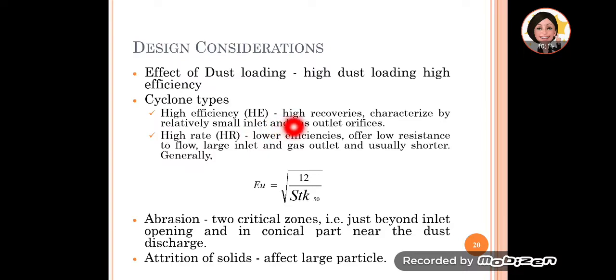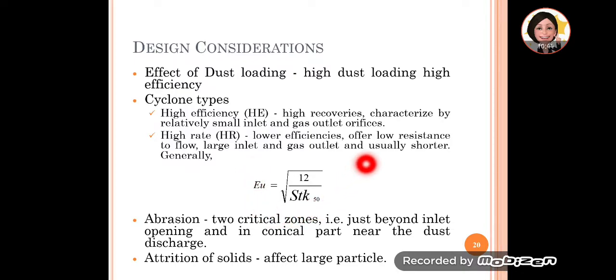Therefore, the inlets and the outlet orifice should be designed smaller. And if we don't mind the efficiency, but we have a large amount of gas inlet, it should be designed with large inlet and gas outlet, and it's usually shorter. A well-designed cyclone has a correlation between the Euler number and the Stokes 50.